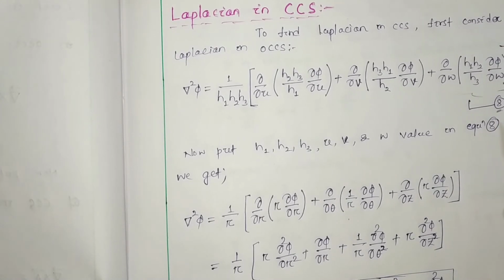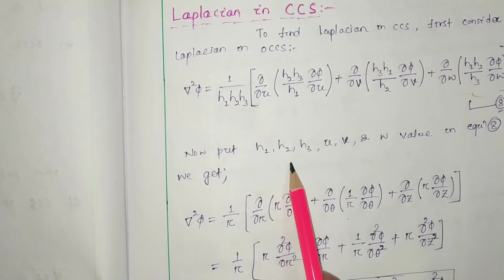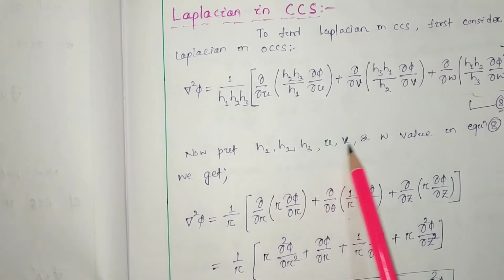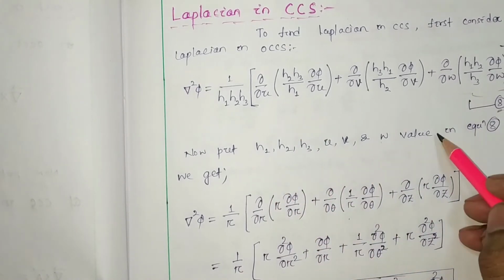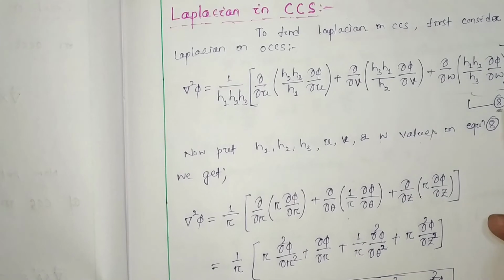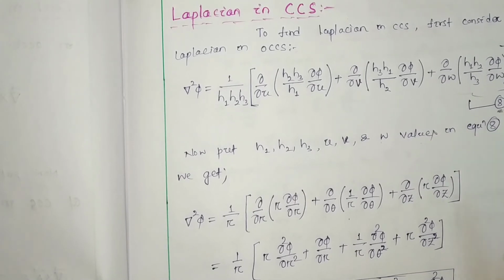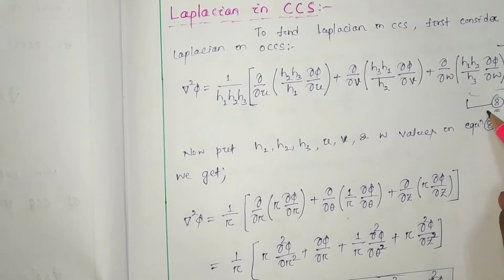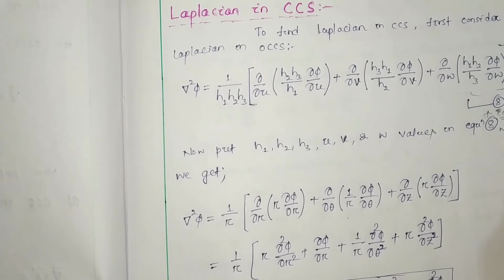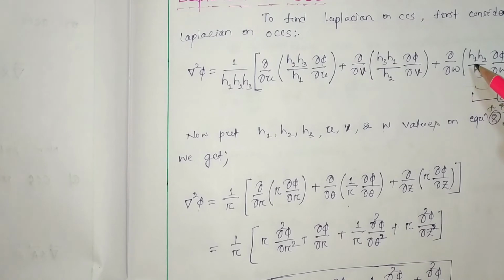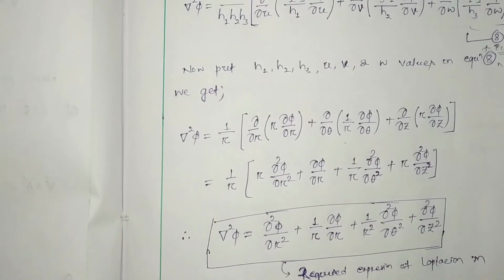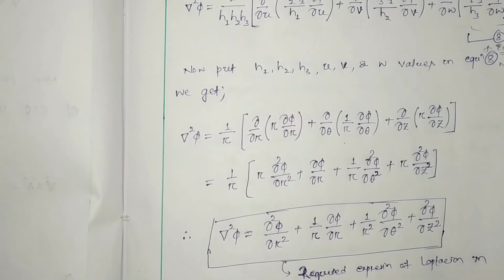Now we have to put the values of H1, H2, H3 and u, v, w for CCS in equation number 8. Then we will get the required expression of the Laplacian in cylindrical coordinate system.